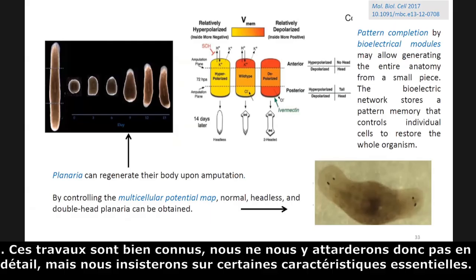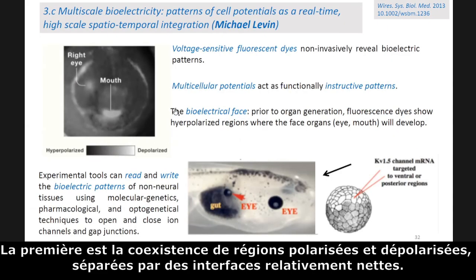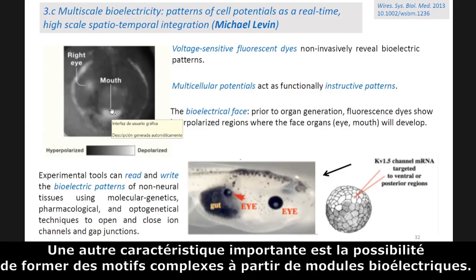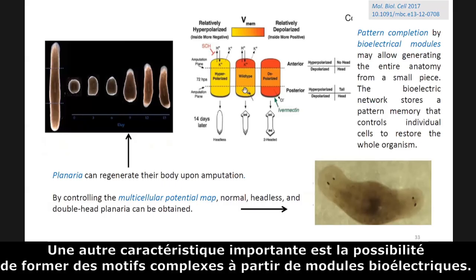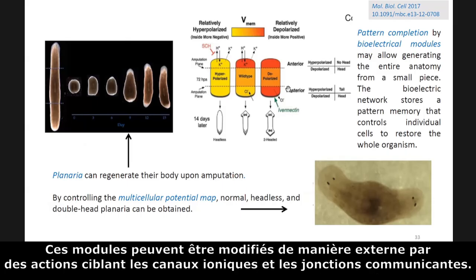We will insist only on some characteristics. First characteristic, the coexistence of depolarized and polarized regions, which are separated by relatively sharp interfaces. Another special characteristic, the possibility of pattern completion by bioelectrical modules. These modules can be externally modified by actions on ion channels and junctions.